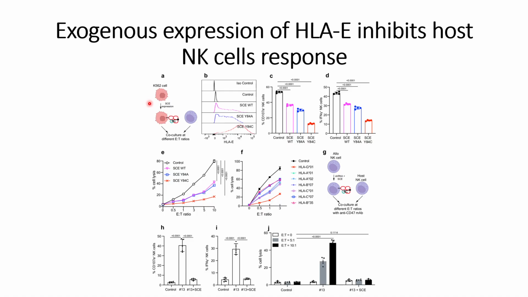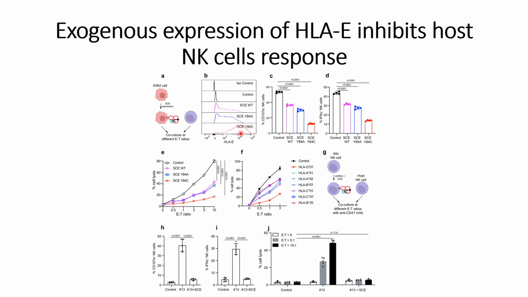So the first experiment is to express those different variants of SCE in K562 cells and co-culture them with host NK cells, which they got from healthy donors, and then check the effect on these K562 cells. First they checked the expression of these different variants of SCE.